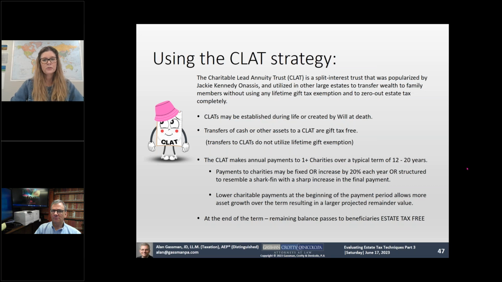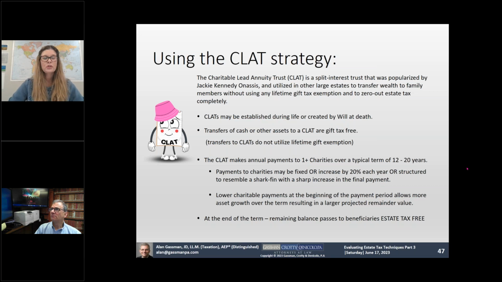Then it will pass estate tax free in the end, but in lifetime you can also set up a non-grantor trust if that suits the needs of the client, where the trust pays the income tax. So the grantor obviously pays tax on trust earnings if it's set up that way. With a non-grantor trust, the trust pays the income tax.